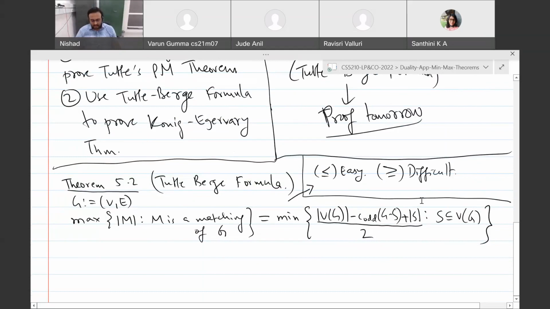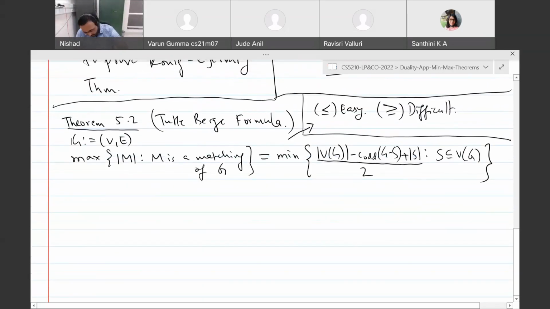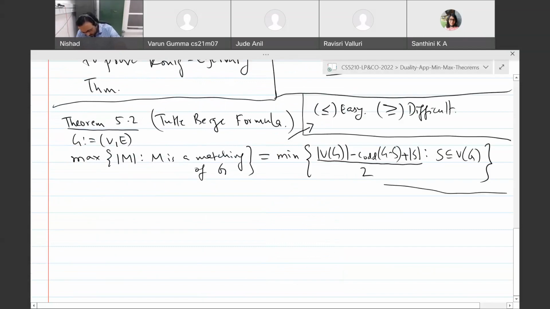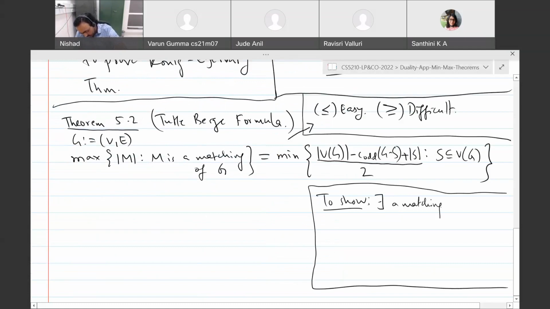In particular, what we want to show today is that there exists a matching M and a set S of the vertices such that the cardinality of the matching is greater than or equal to this quantity.